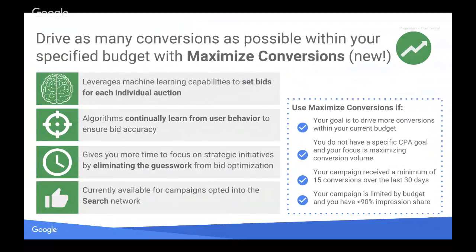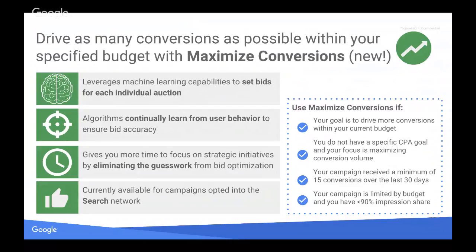And maximize conversions. We got quite a lot of questions from our clients: on what occasions should I use target CPA versus maximize conversions? We usually recommend it when you are almost reaching the budget limit. Say for example, you're running a campaign with a duration of 4 months, and you're in the last week.